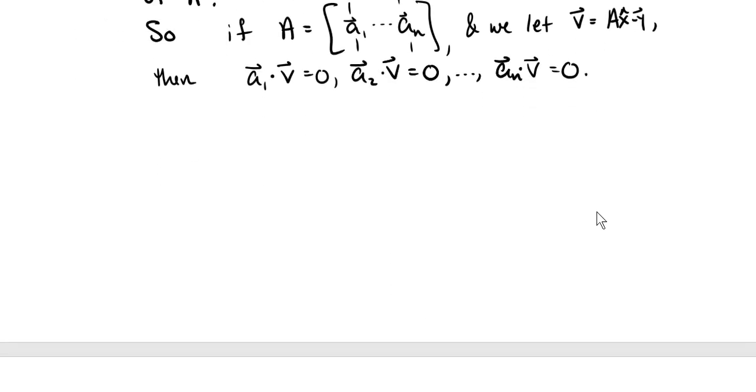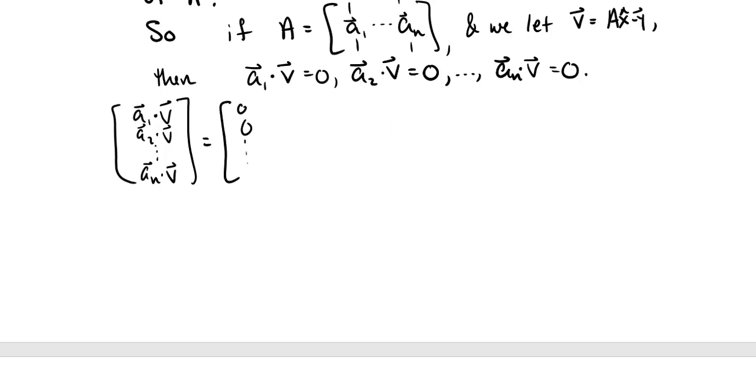That really tells us that we could write a matrix equation trying to express this same fact. Right, we can write this in a form like this. And so we'll leave that off at the end.